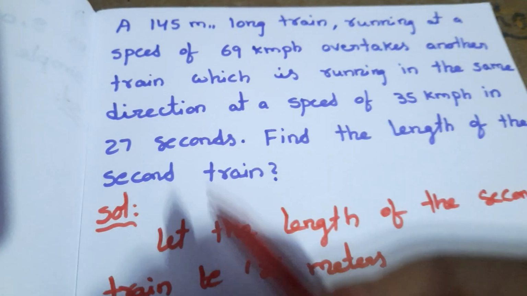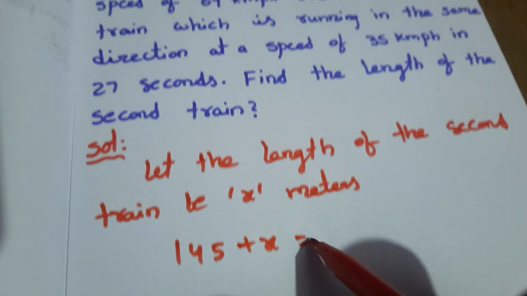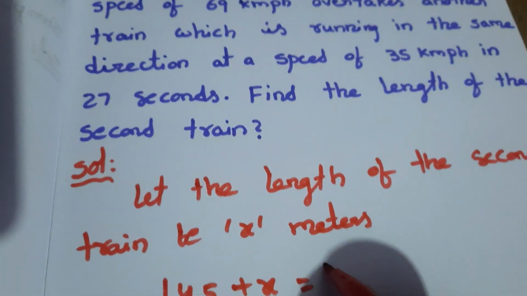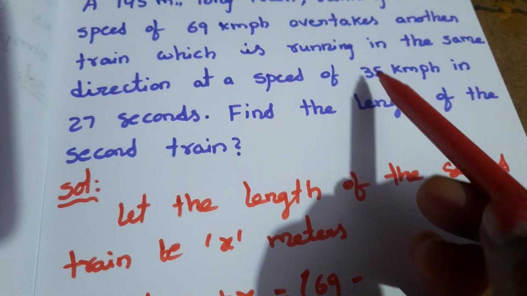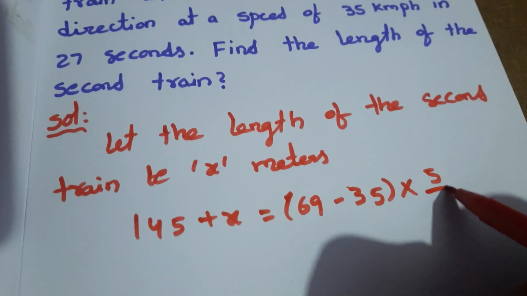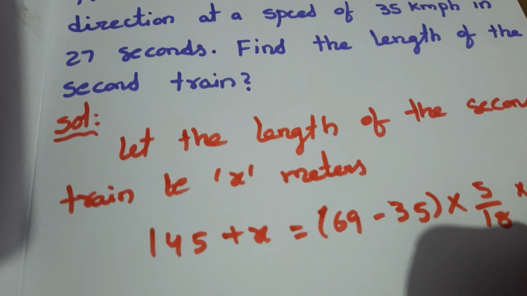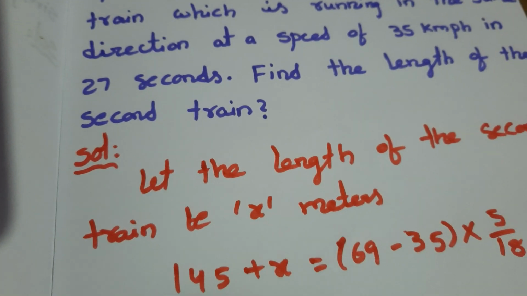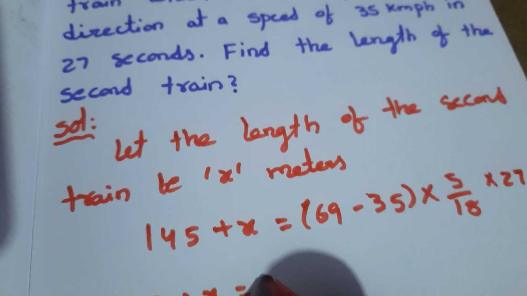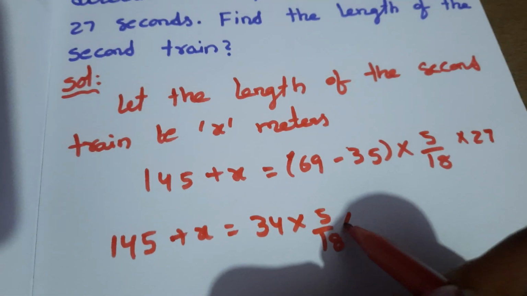So what is the first one? 145 plus x equal to how much? 69 kmph minus second train 35 into 5 by 18 into how much time? 27 seconds. Okay, so 145 plus x equal to 69 minus 35 equal to 34 into 5 by 18 into 27.